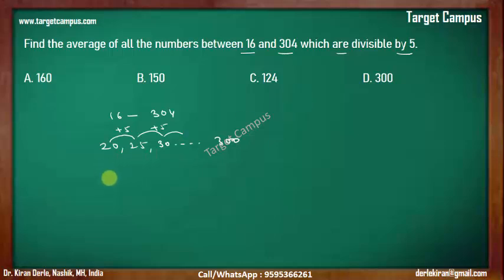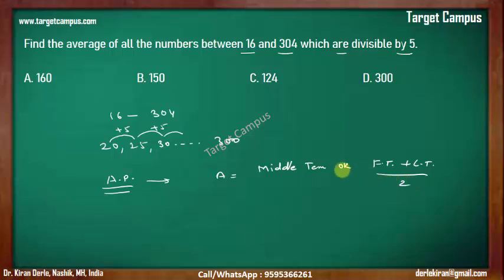So in all the consecutive terms, the difference is plus 5 only. That means these terms are in arithmetic progression. So if terms are in arithmetic progression, average is equal to either the middle term or first term plus last term divided by 2, right?